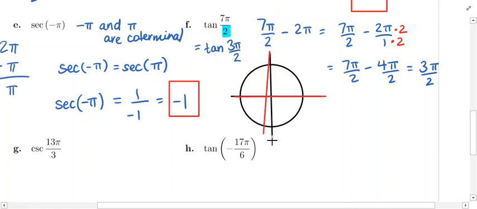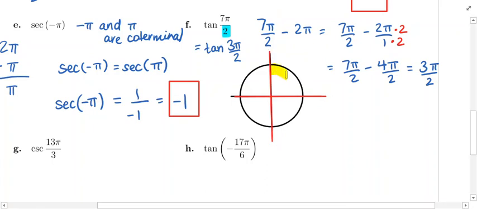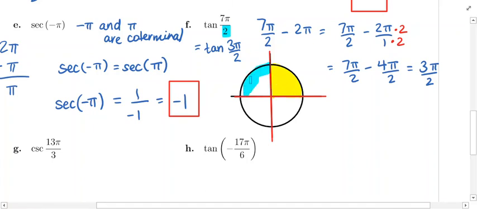By the x-axis and the y-axis, the unit circle on the top is already broken up into 2 equal parts, this part and this part. And the bottom half of the circle is already broken up into 2 parts, this piece and then this piece.